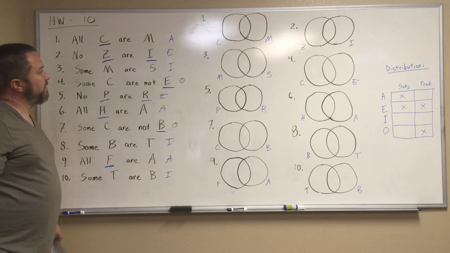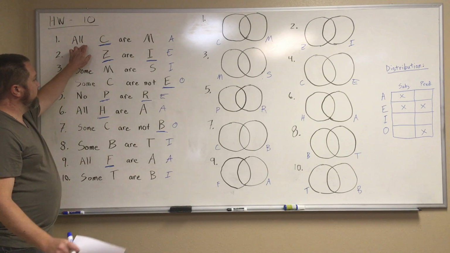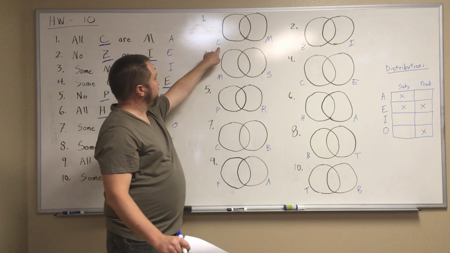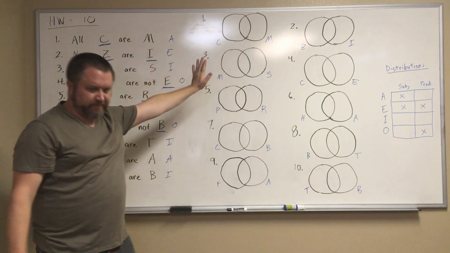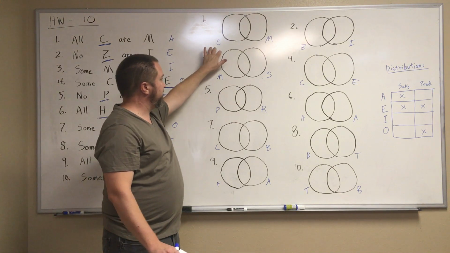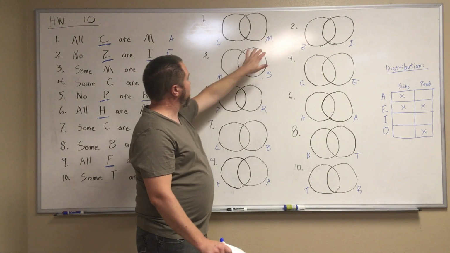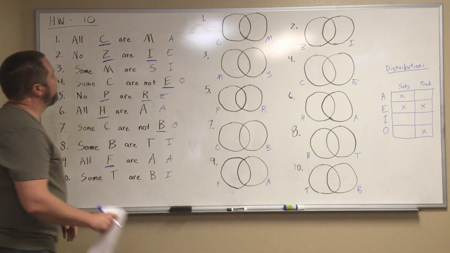Let's go ahead and fill out these 2-circle Venn diagrams. So the first one, I've labeled these first. For 2-circle Venn diagrams, we're always going to have the subject on the left, predicate on the right. So C on the left, M on the right.